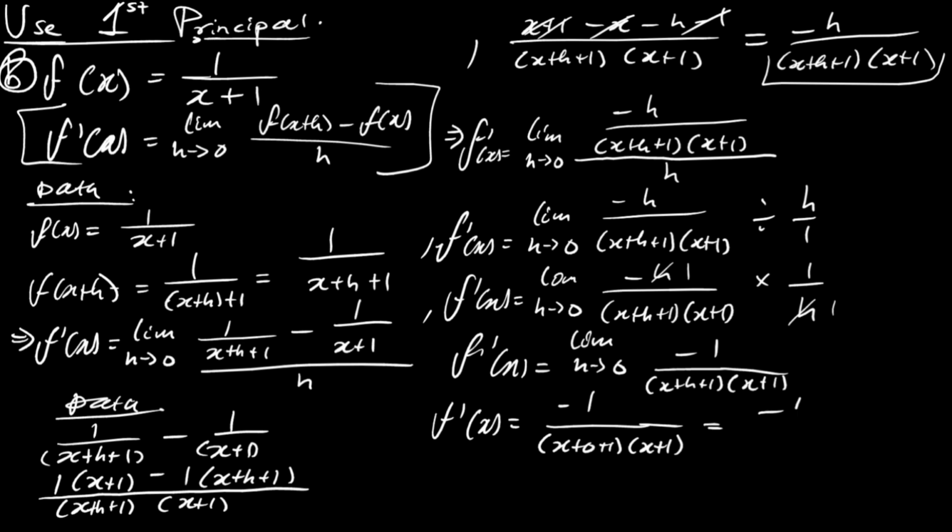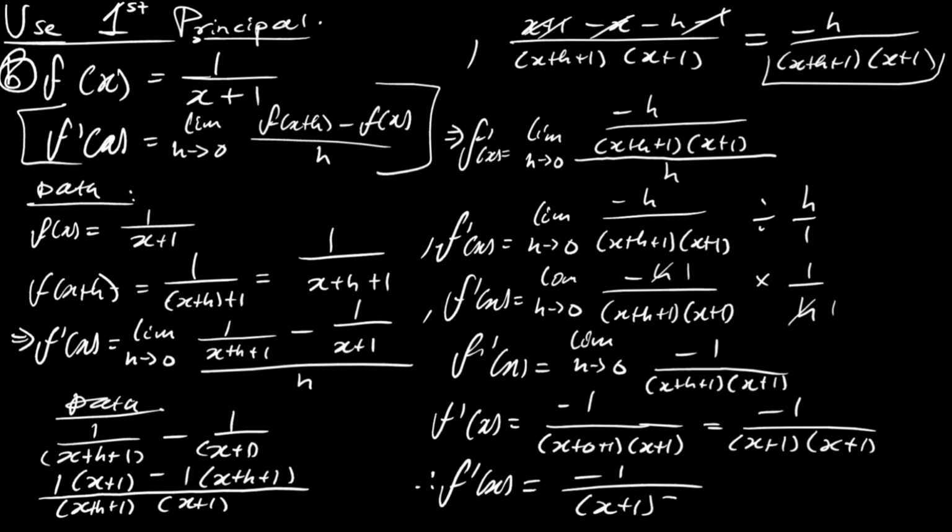And this is equal to negative 1 over x plus 1, then x plus 1 again. Therefore, we say f prime of x is equal to negative 1 over x plus 1 times x plus 1. This is you repeating the same base. So this will be x plus 1 to the power 2. That is the final answer.